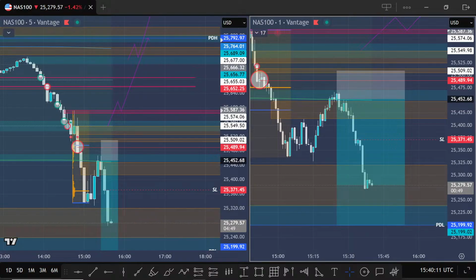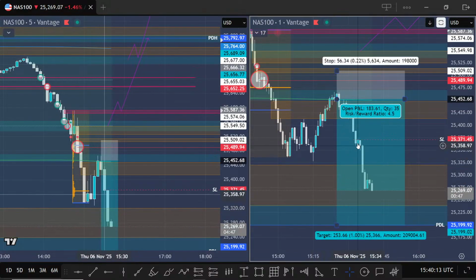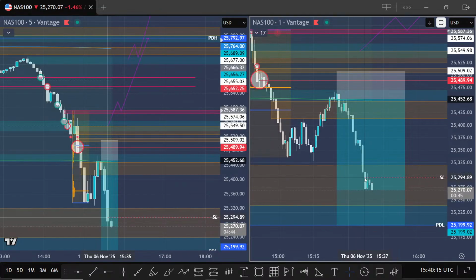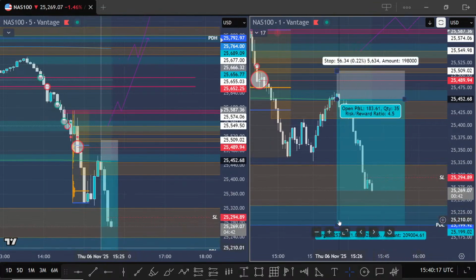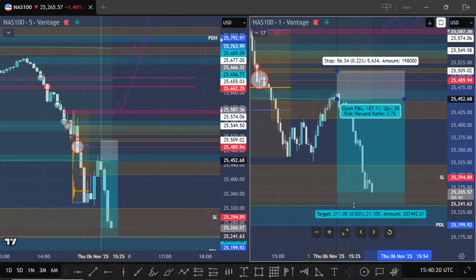It's funny. There we go. Okay, so my stop loss is now literally here, which is now a guaranteed 1 to 3 nearly.